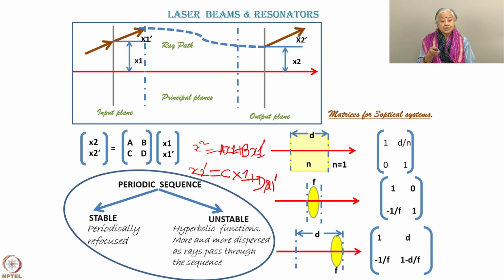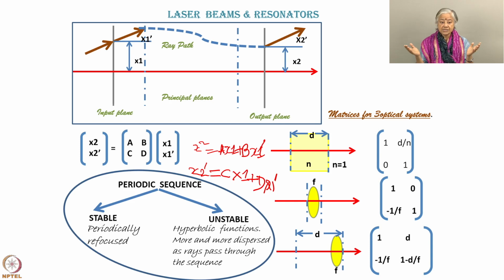Now, like this, you could have a periodic sequence of such elements. You can have one lens, you can have a second lens, then after that you could have a block of glass, something like that. So, there is a periodic sequence. Now, you would like to know x2 and x2 dash after the ray has passed through all this sequence of things. Okay.